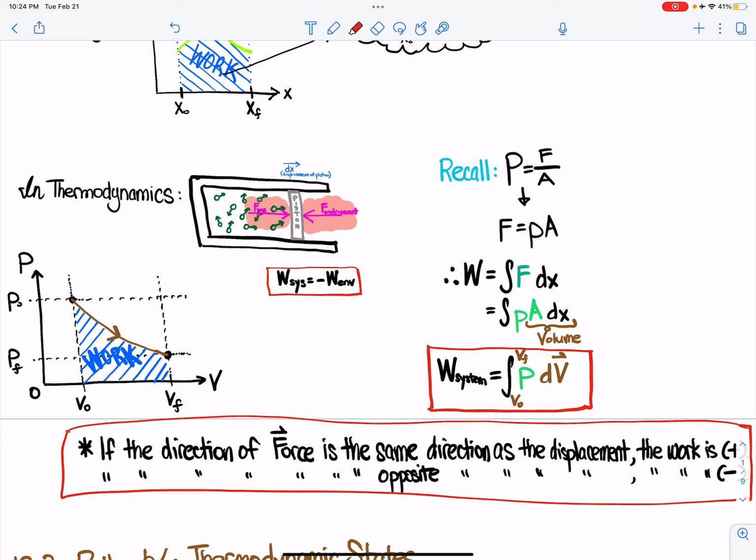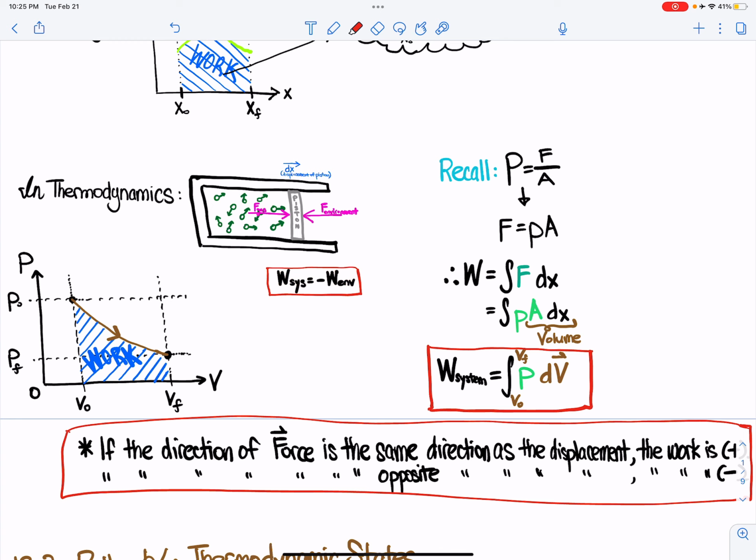Because of the opposing directions of the forces from gas and environment, the work done by the system is equal to negative the work done by the environment. They have the same value, just opposite signs. One is positive, then the other is negative, and vice versa.